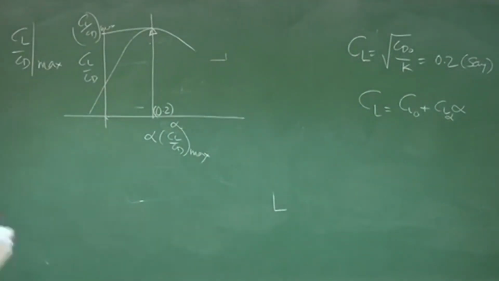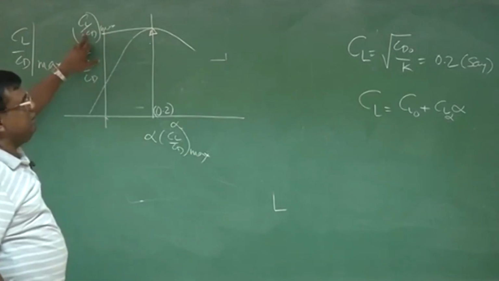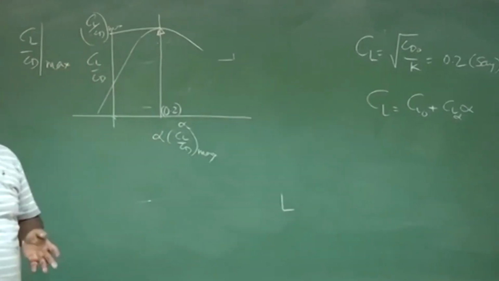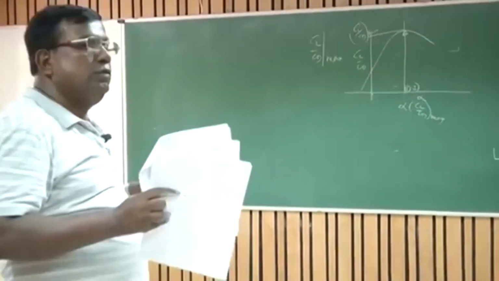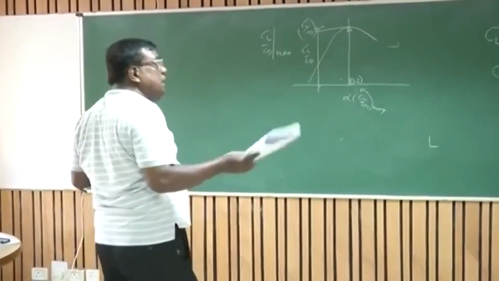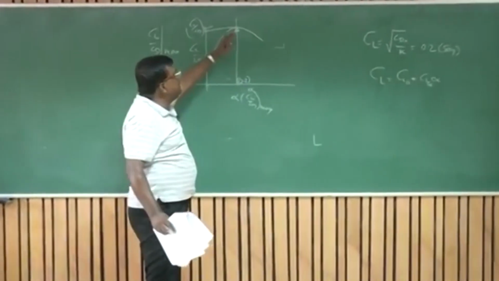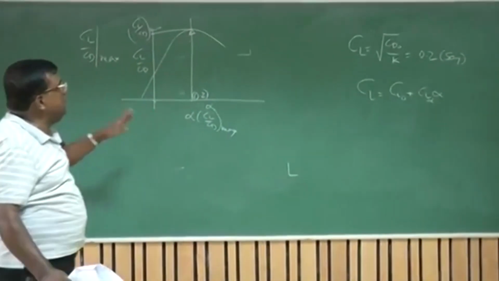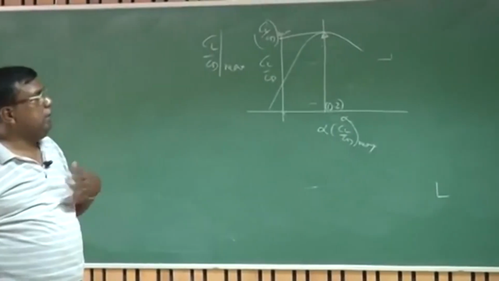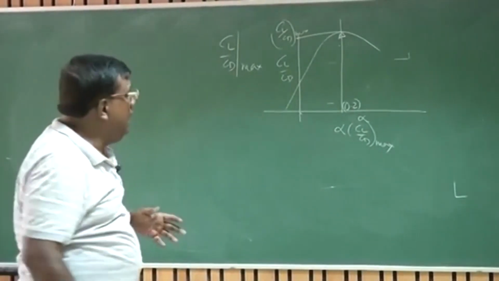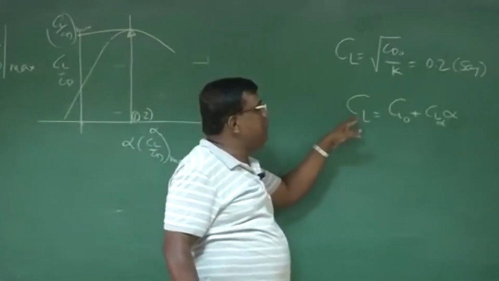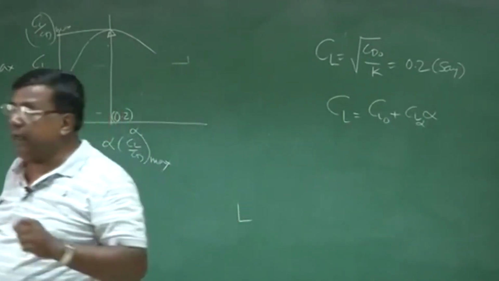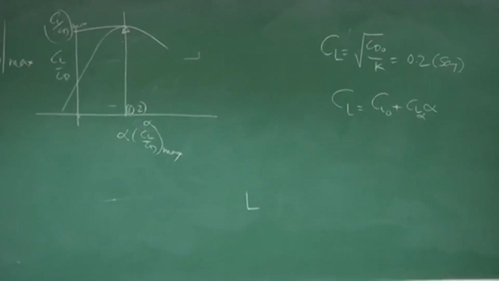This value of alpha and CL by CD max combination will go on changing for different aerofoils, different Mach numbers. So one has to really generate a huge wind tunnel database to understand what is that alpha at which I get CL by CD max, and then I translate this alpha to CL, and from CL I translate to speed, because finally the pilot will be following the speed.